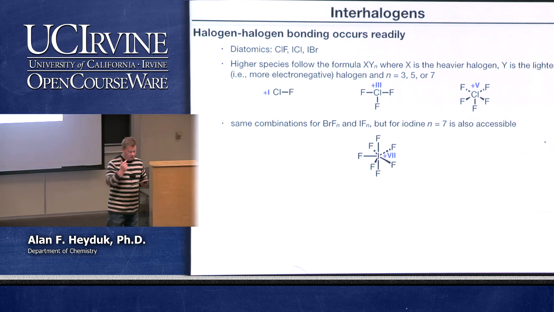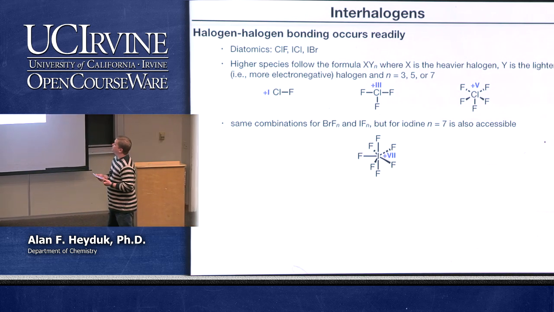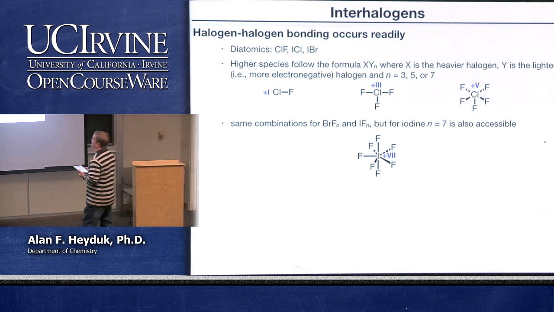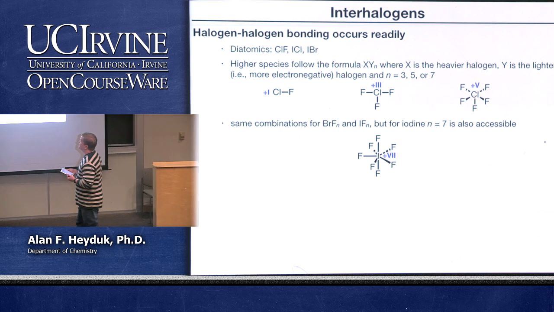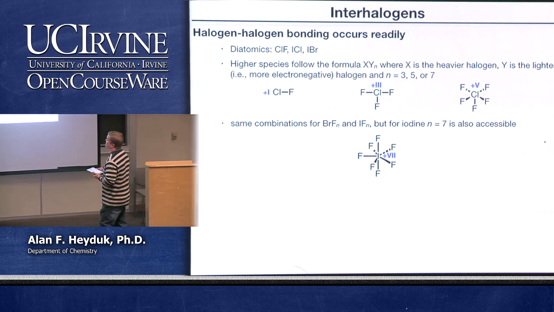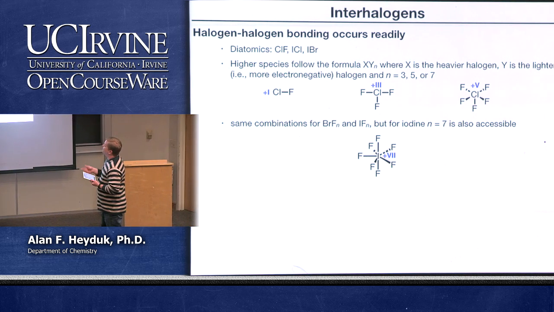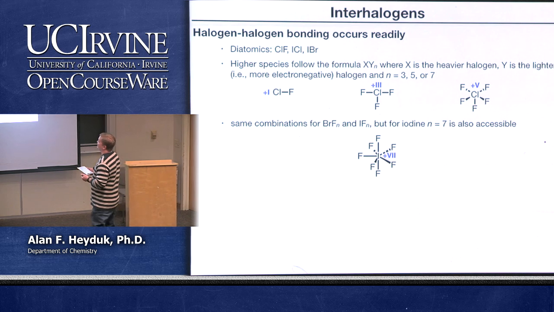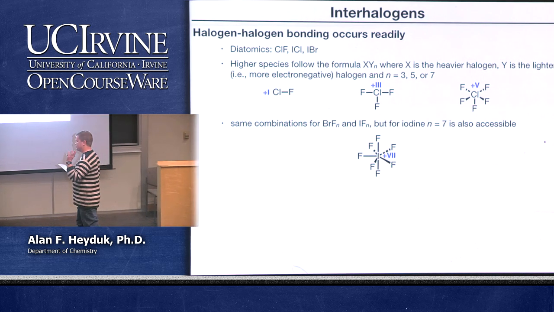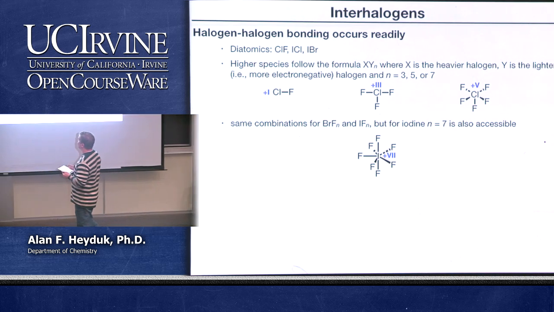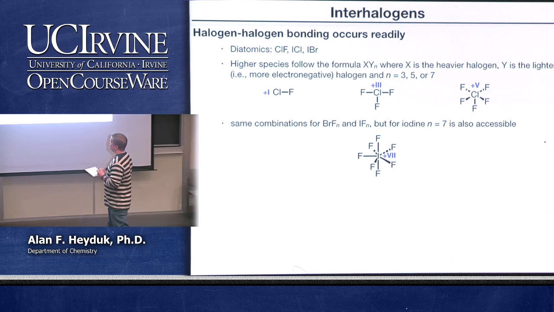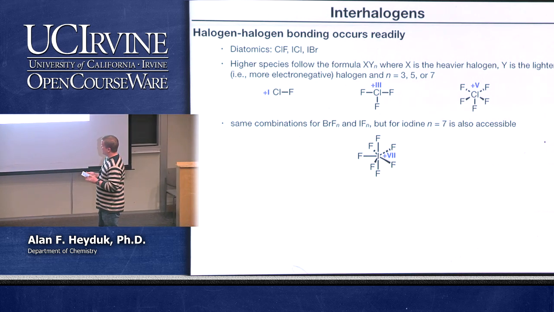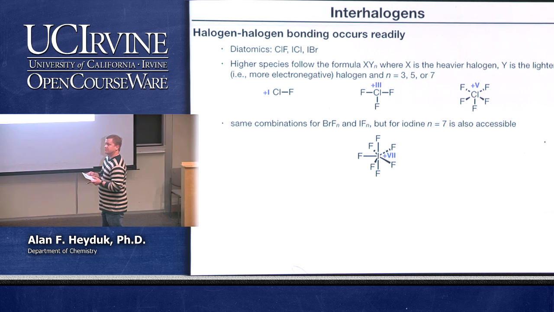That's as far as you can go with chlorine, but if you switch to iodine, you can then oxidize it all the way up to the +7 oxidation state. You get this pentagonal bipyramidal structure. So you have 5 fluorines in the equatorial plane and 2 axial.